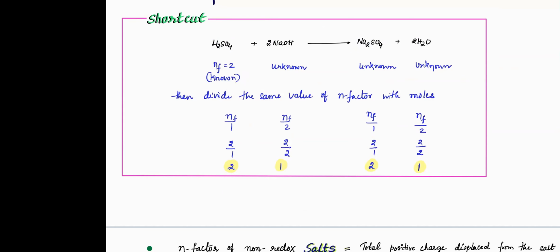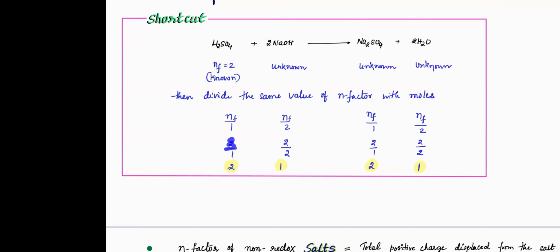Now, if I know the n factor of even one species out of these 4, what do you do to find the n factor of all the compounds here? You simply take the same value. So what I got, the n factor is 2, right? Take that 2 and divide by the stoichiometric coefficient of that molecule.